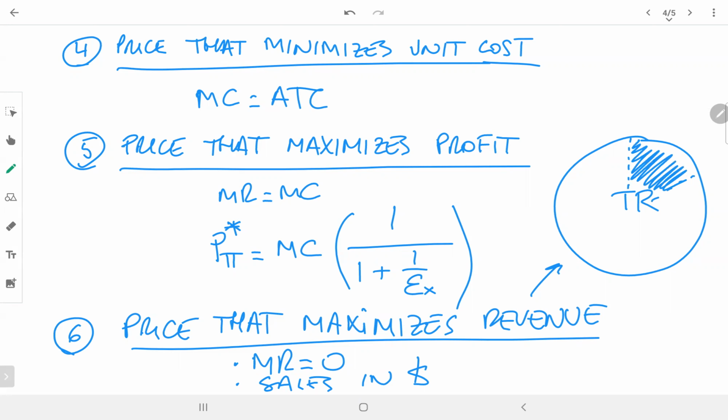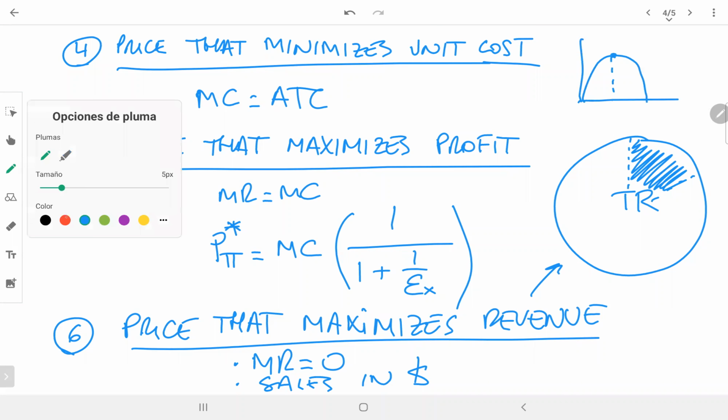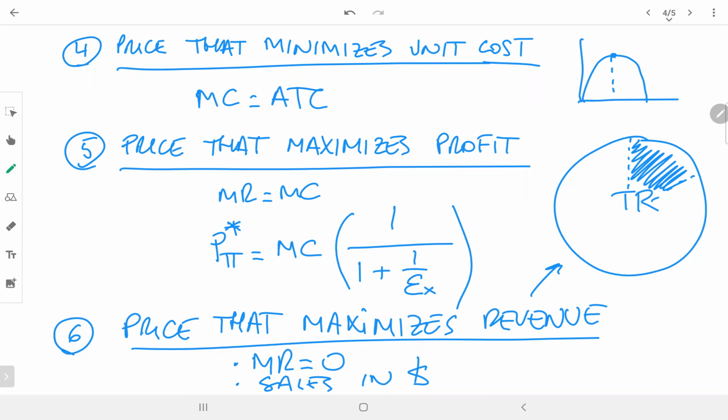So if we were looking at our revenue function, remember, top of the hill, that was the maximum revenue we could get. So the price that is going to get us that is the price that is going to get us the maximum. That's what we're trying to do, make as much as possible in revenue.